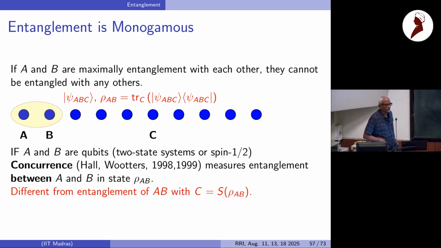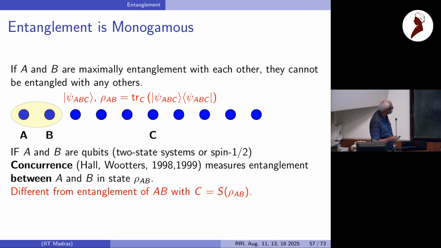Okay, so let me try to tell you something about, because actually what is interesting is that there is entanglement, but there's more to entanglement than meets the eye. Here I'm saying that if A and B are maximally entangled, I have a bunch of now many particles, not just two particles.